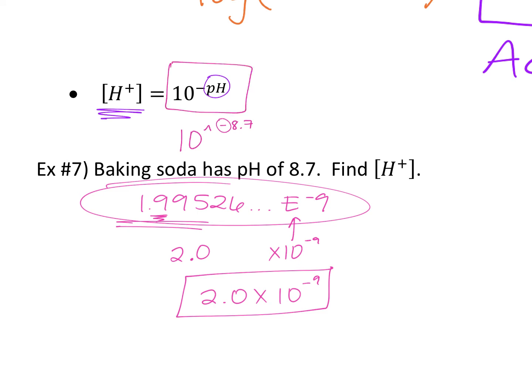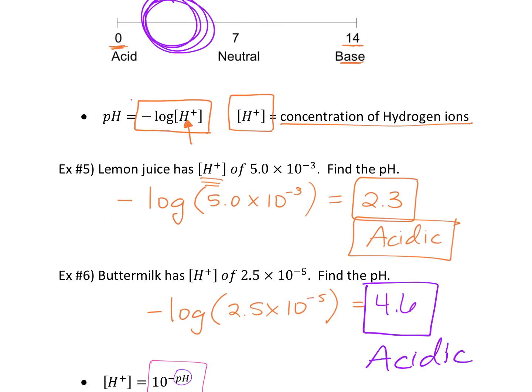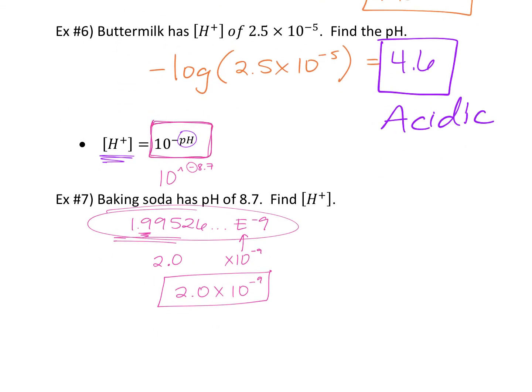How come we're not plugging in the log? The formula to find this doesn't include a log, right? The other formula has the log. It's a negative log of the concentration of hydrogen ions. This formula is just 10 to the negative pH to find the concentration of hydrogen ions. So you don't need log on this one.